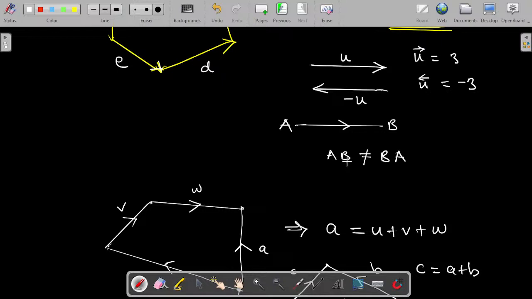Under scalar, they are going to be equal because the distance is just the same. AB is the same as BA in distance. But in vector, if you are going in opposite direction, they are not the same. So what is now the equality there? So your AB is just going to be minus BA. So the opposite direction will just be the negative. So that's exactly what we are saying.